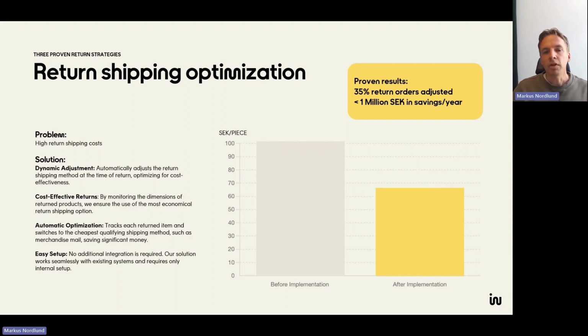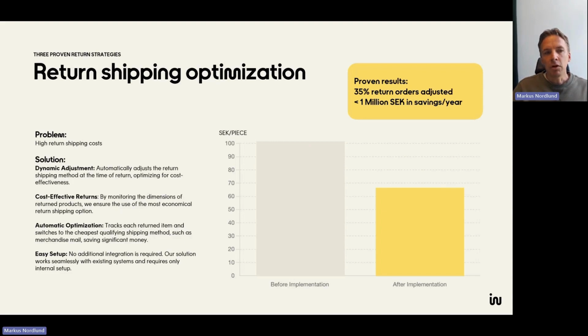But the customer often returns maybe 1 out of 3 pieces that they have bought, meaning that you have the capability of downsizing your return package or return service to something else. So with the help of good data and a good return management platform, you can downsize your packages from a package service to some merchandise mail service, for example, and by that save a lot of money.